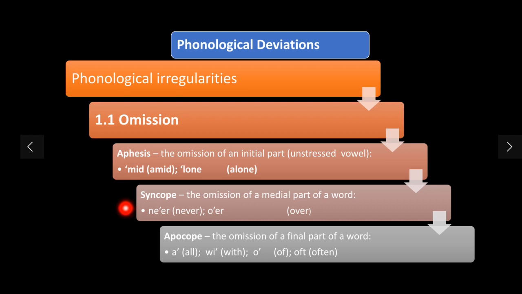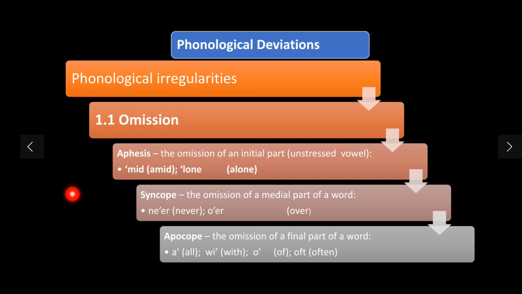For example, we have the word all, and from all, l is omitted and it is pronounced as a'. Similarly, we have the word of, and from of, f is omitted and it is pronounced as o'. And we have the word often, and from often, you see that n is omitted and it is pronounced as oft.